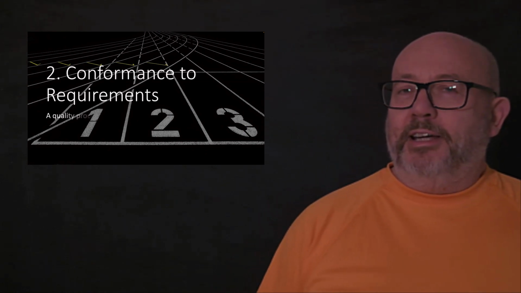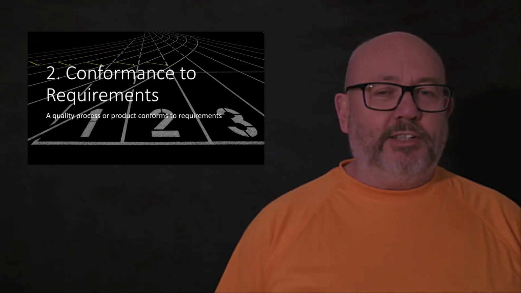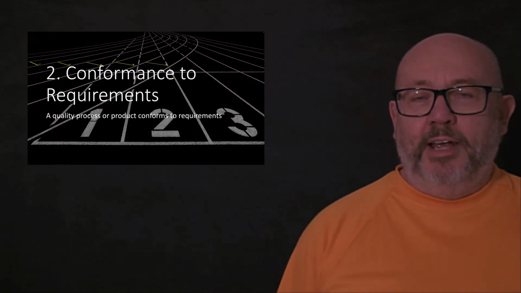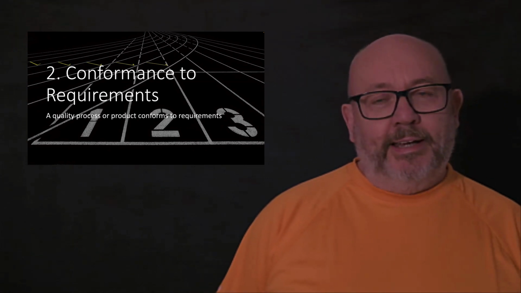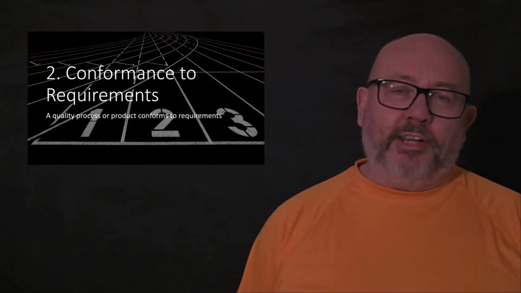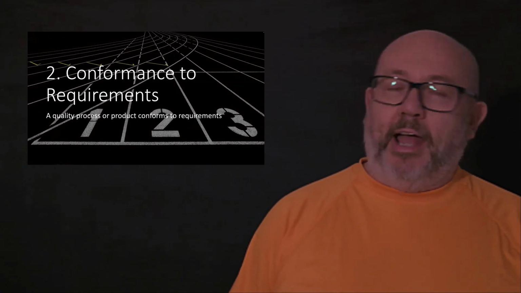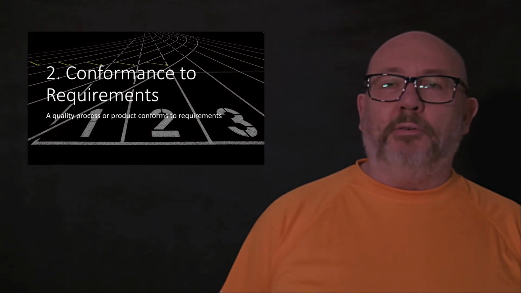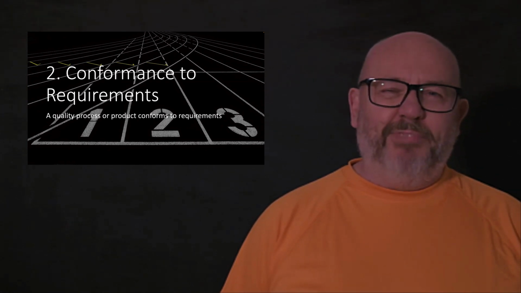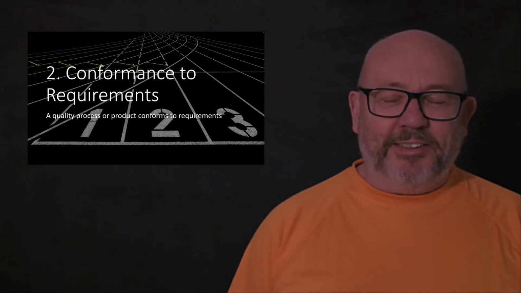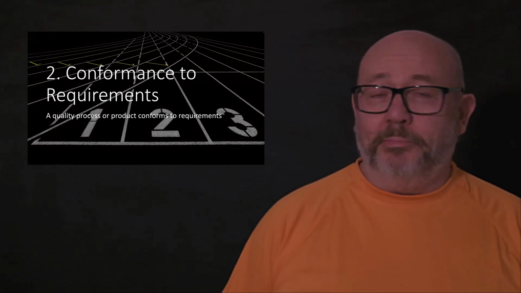Another common one that's easy to define and potentially easy to measure is this notion of conformance to requirements. A quality product conforms to requirements. And in principle, we can test against requirements, documented requirements, let's say, very easily, and maybe some undocumented requirements. The problem we have is that requirements, by and large, are nowhere near as authoritative, as complete and unambiguous as they ought to be.